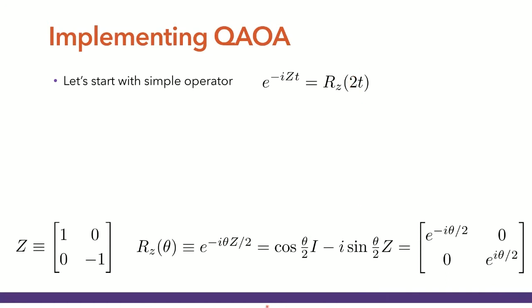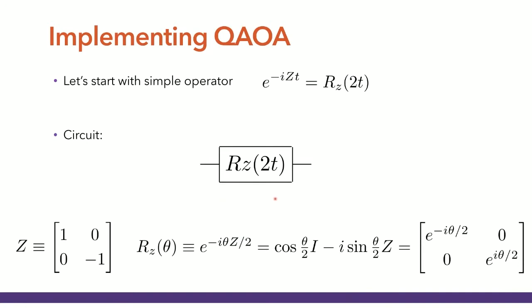You can see it by just examining the formula for the RZ gate. The RZ gate is the exponent of minus i theta Z over 2, which is exactly the operation that we want to implement. And so the circuit for implementing this simple operator is a rotation around Z by 2t.